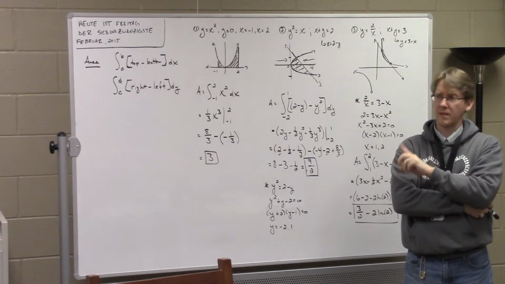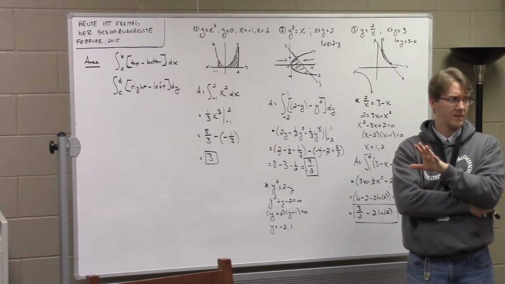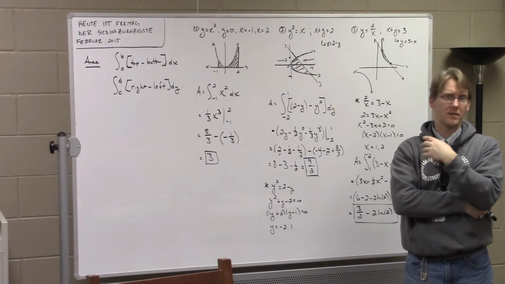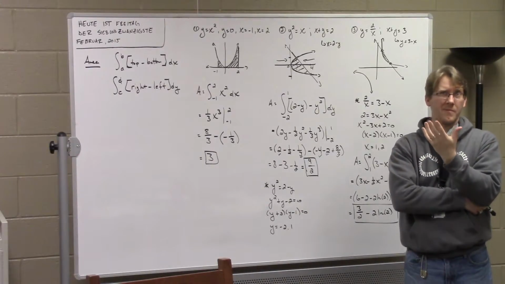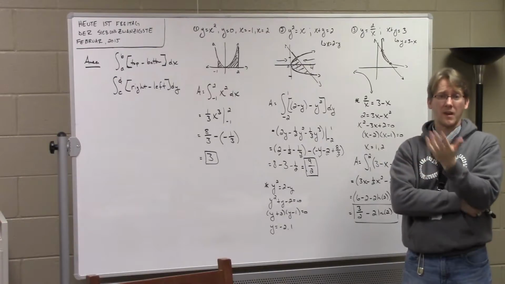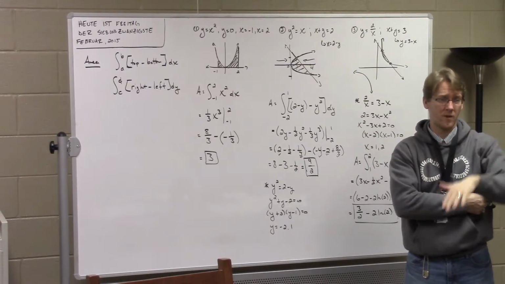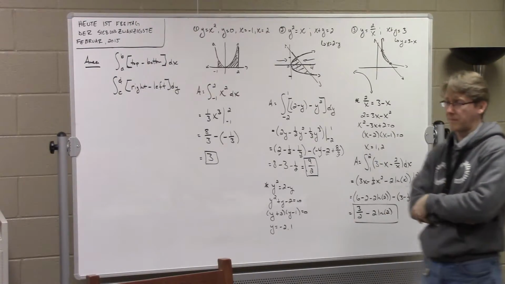Usually the very first question they ask you is area, and the second question is something with volume. So it's usually an area, volume kind of setup, for the most part.